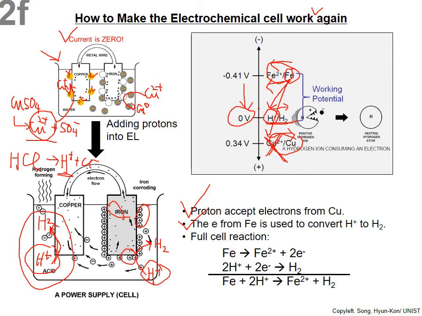Fe goes to Fe2+ plus two electrons. Electrons are generated, and by using these electrons, proton is converted to hydrogen on the iron side, but more probably on the copper side. So the full cell reaction is Fe plus 2 protons going to Fe2+ plus hydrogen evolution.